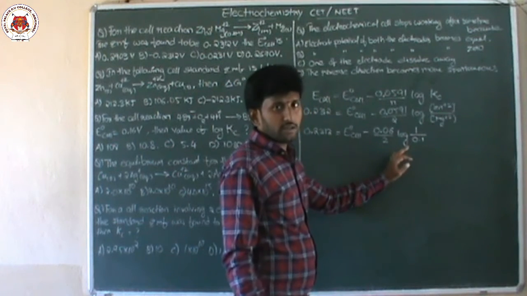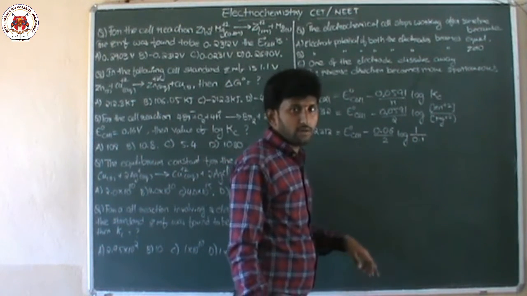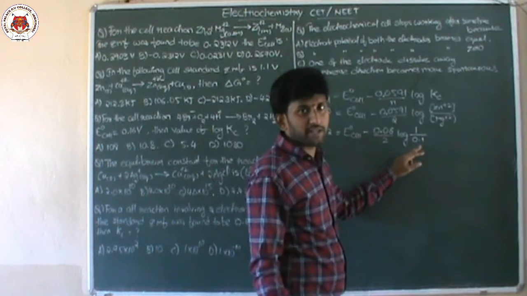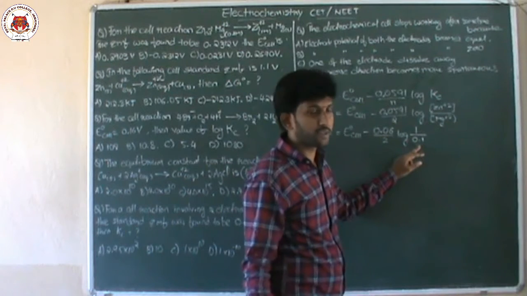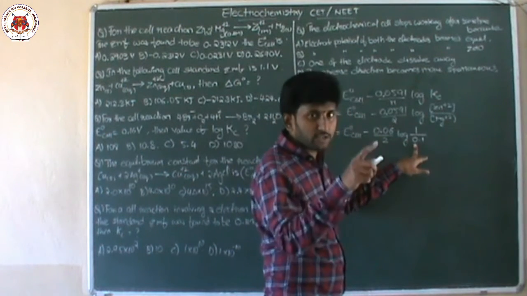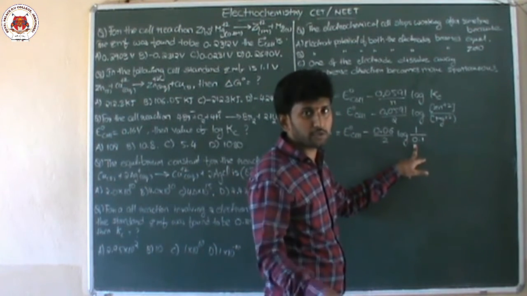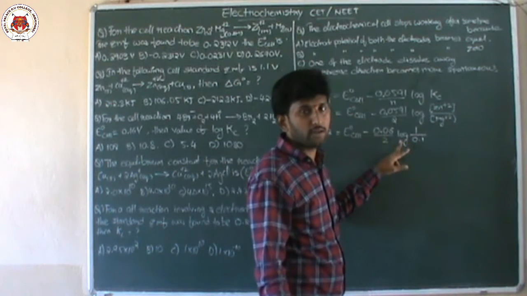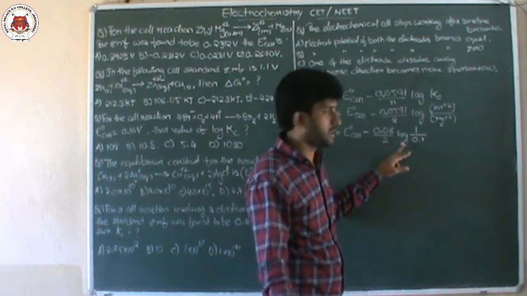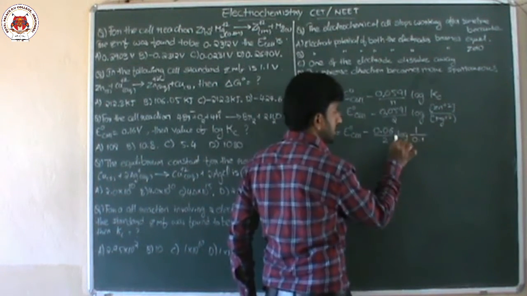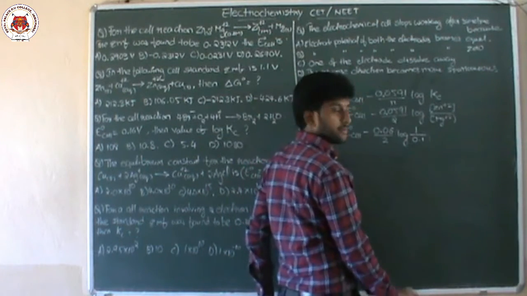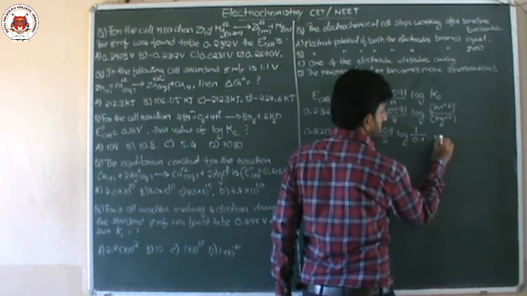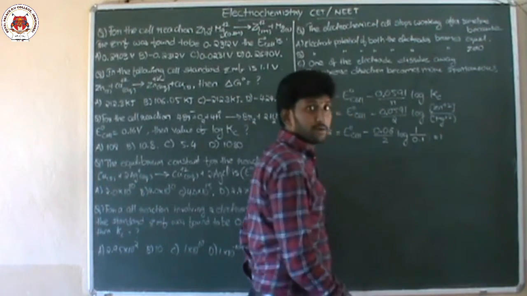Now for log 1 by 0.1, 0.1 can be written as 10 raised to minus 1. If I take 10 raised to minus 1 to the numerator, it becomes 10 raised to plus 1, that means 10. So what is the value of log 10 base 10? It is 1. That means this total term will be equal to 1. Why?